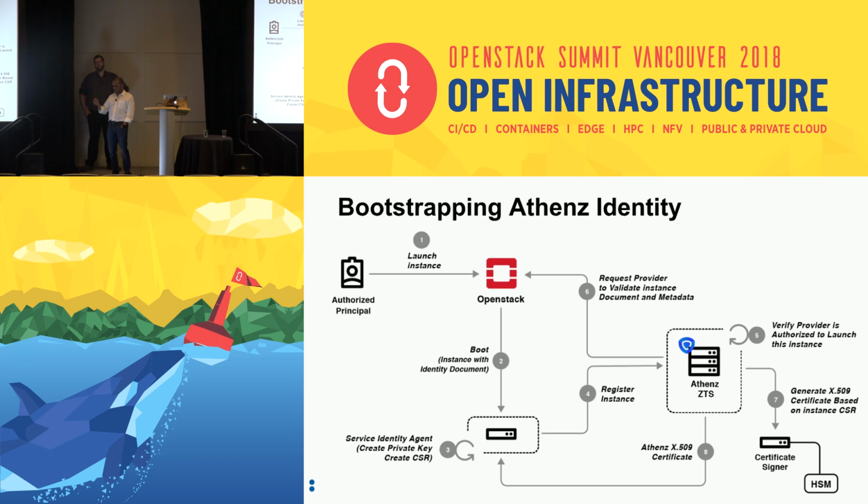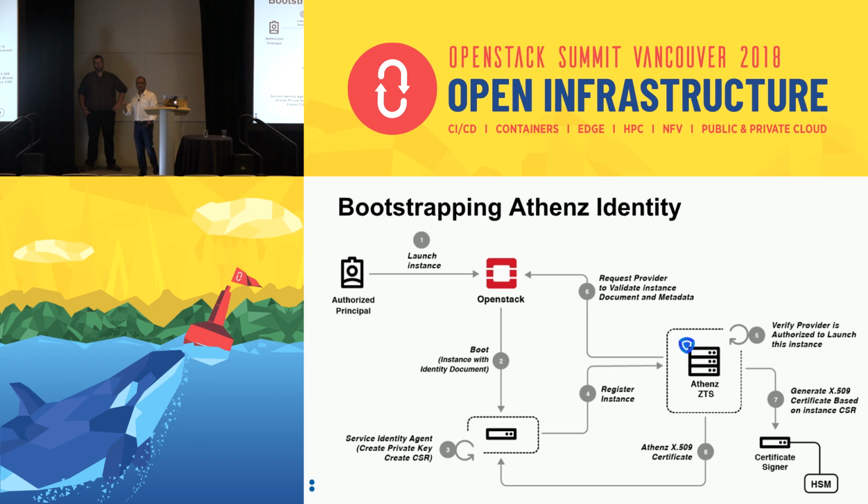Then Athenz talks to the certificate signer, which is backed by the HSM, the hardware security module. Whatever CSR it got from the instance, it asks the certificate signer to sign it. It gets the X509 certificate, and in number 8 places that certificate on the instance itself. One thing you need to note here is that the private key is generated on the host.